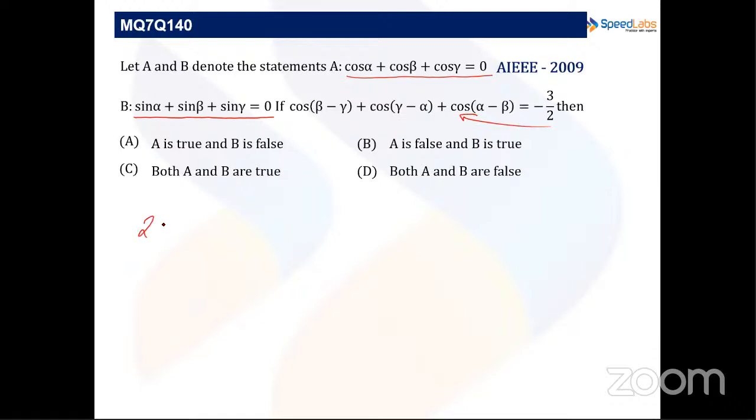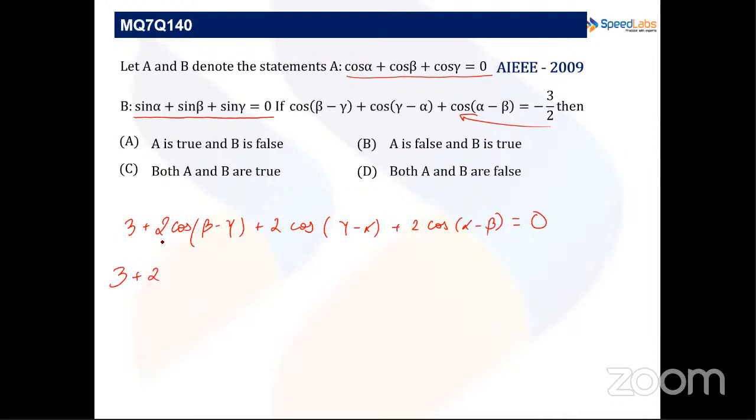So we will be getting, okay, 2 cos beta minus gamma plus 2 cos gamma minus alpha plus 2 cos alpha minus beta equals minus 3. Taking minus 3 this side, plus 3 equals 0.